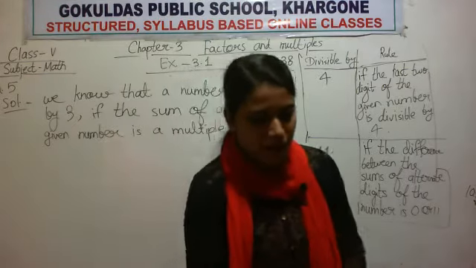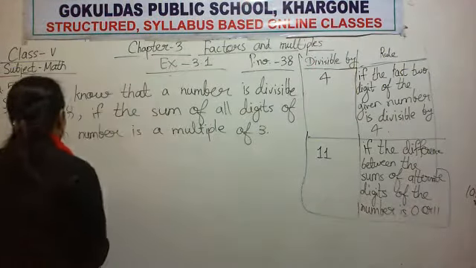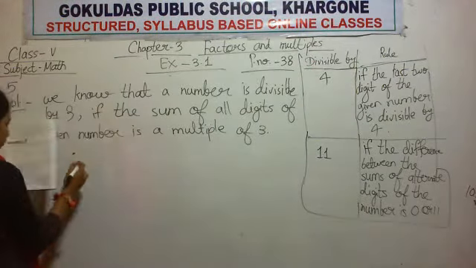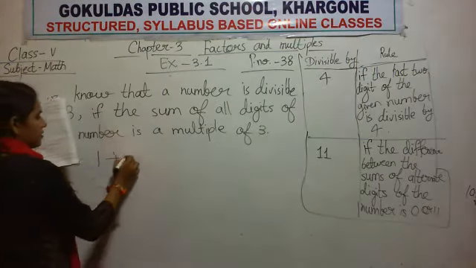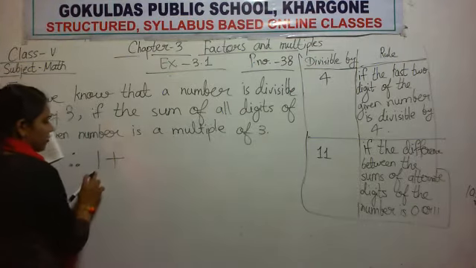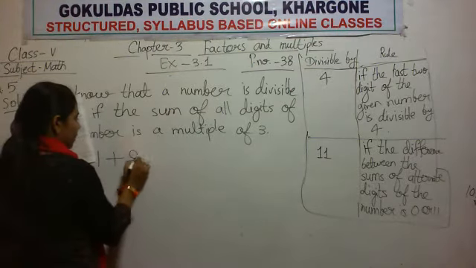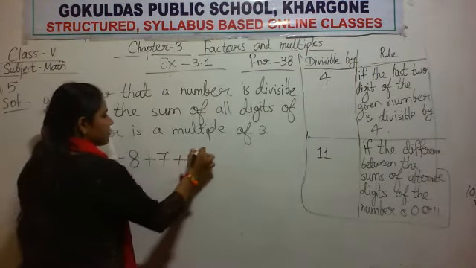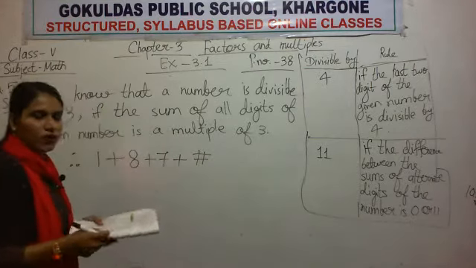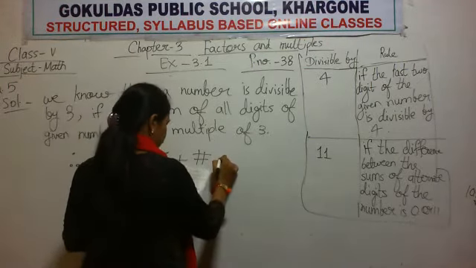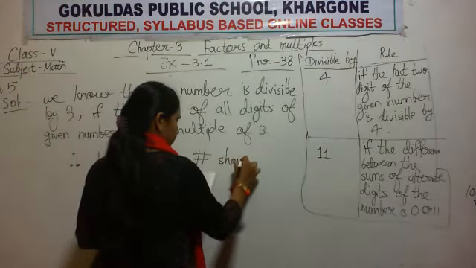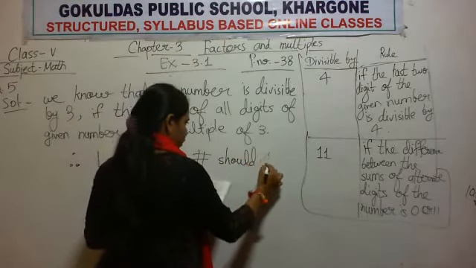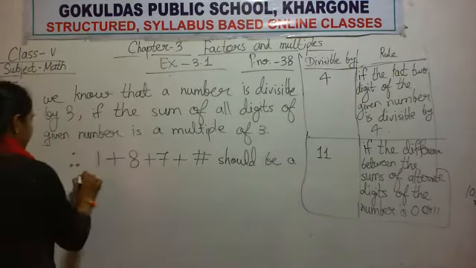Your given number is 187 hashtag. So I am adding all the digits, 1 plus 8 plus 7 plus the hashtag symbol, and it must be divisible by 3, right? So it should be a multiple of 3.